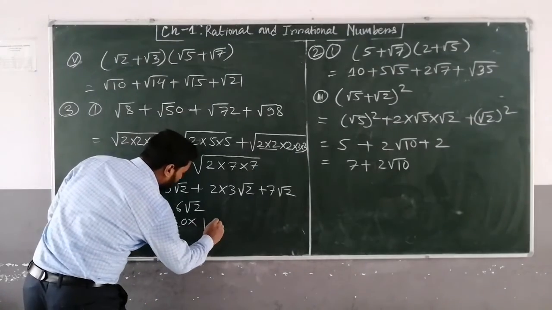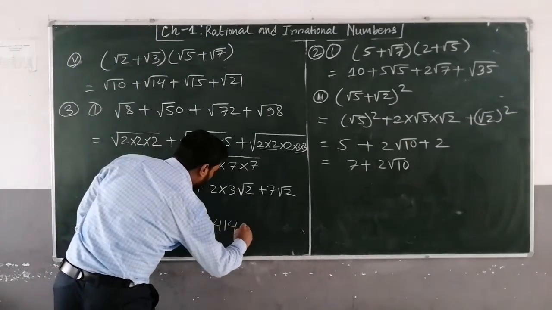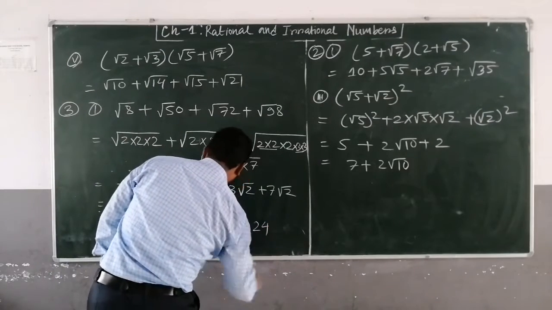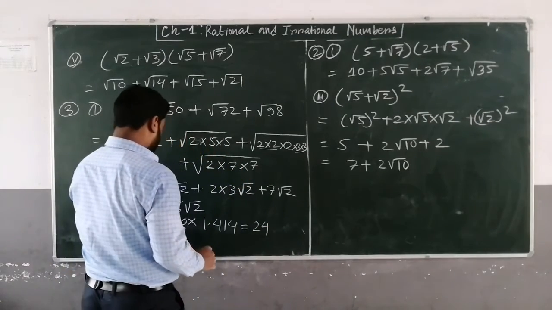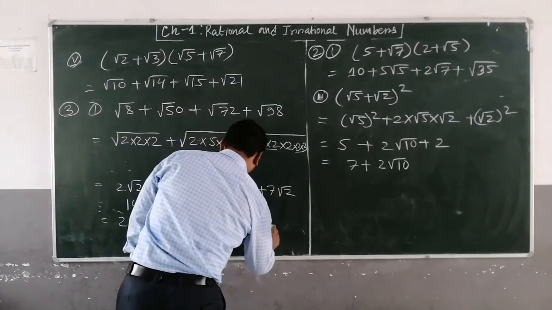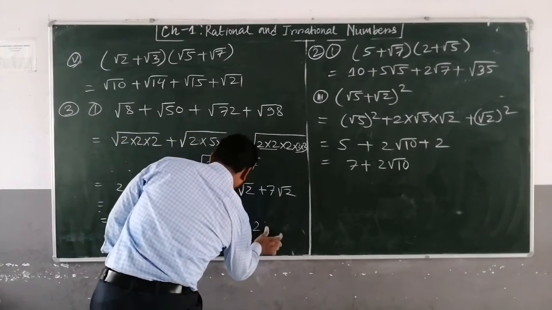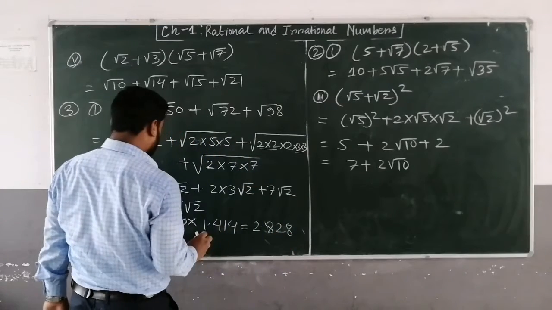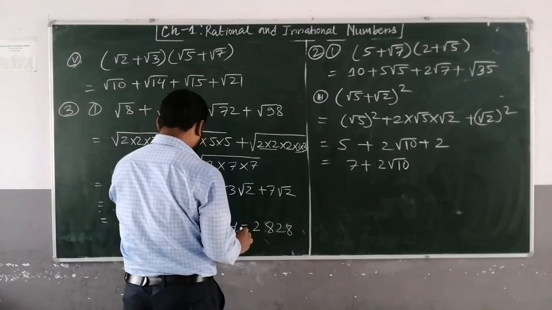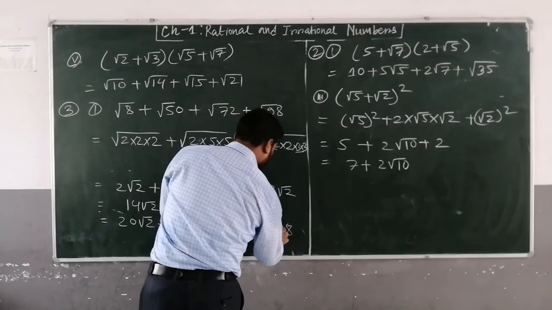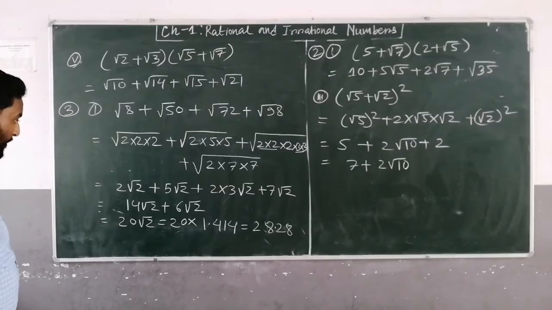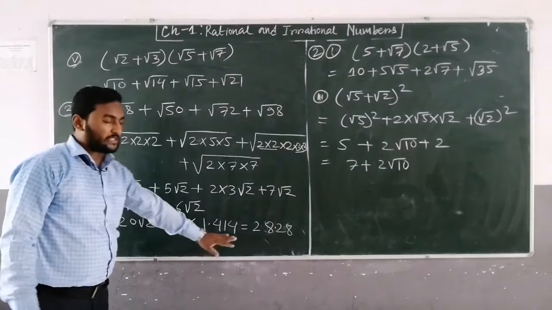So 20 into 1.414 equals 28.28. So this is the simplification.